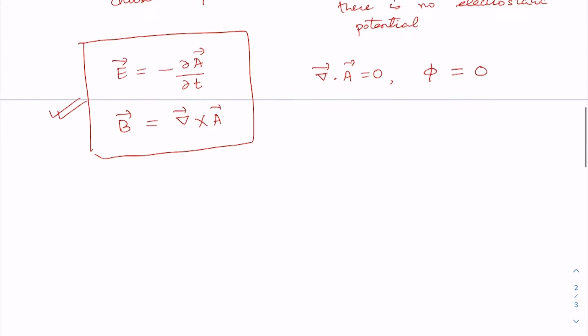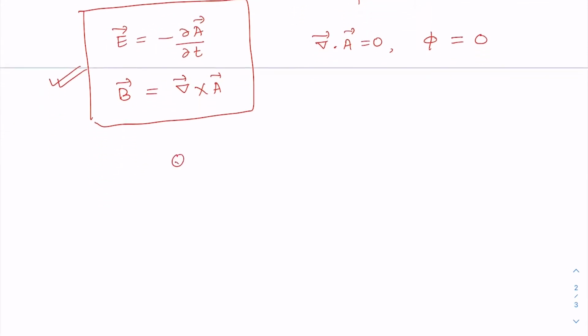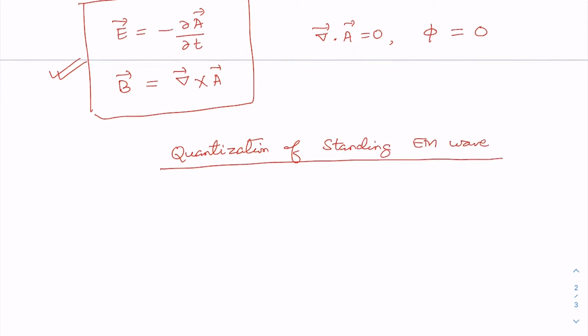So now let us discuss quantization of a standing electromagnetic wave. Consider a set of two plane mirrors separated by a distance L, and this setup supports a standing wave.